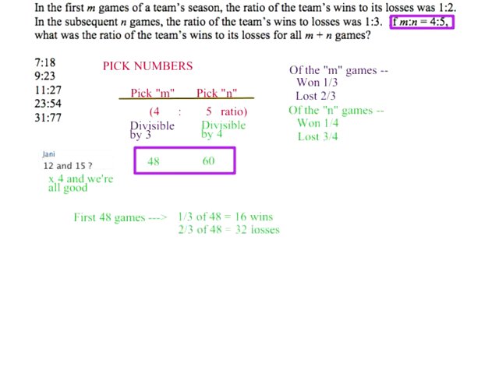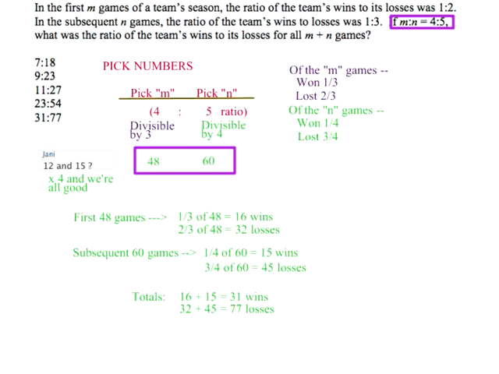And if you have your subsequent 60 games, then 1/4 of 60 is 15 wins, and 3/4 of 60 is 45 losses. So your totals are 16 plus 15 is 31 wins, and 32 plus 45 is 77 losses. So there's your ratio, 31 to 77.